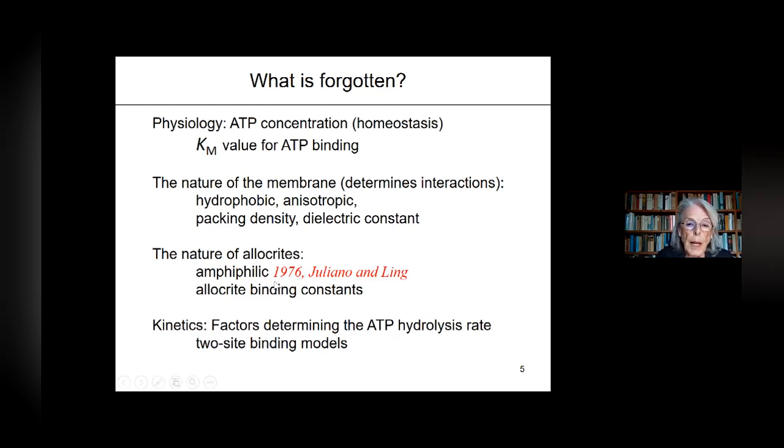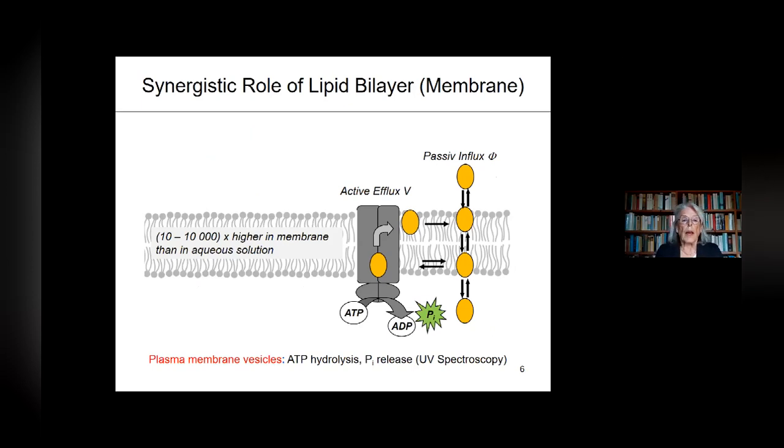Then we have kinetic factors. In the very early P-glycoprotein titrations, they were all biphasic, and with time the inhibitory phase disappeared, and we will see whether this is real or not.